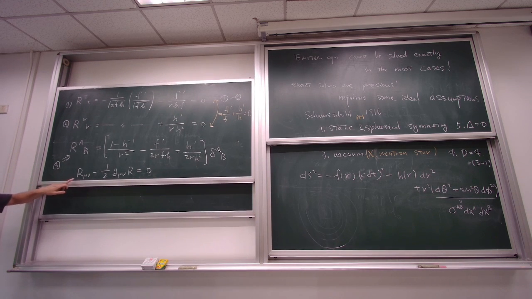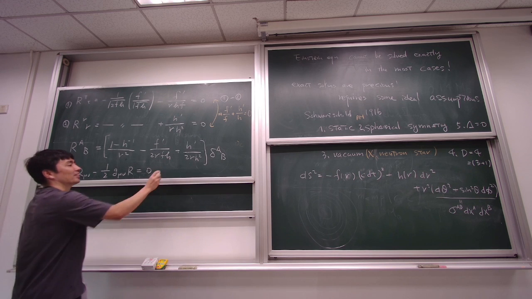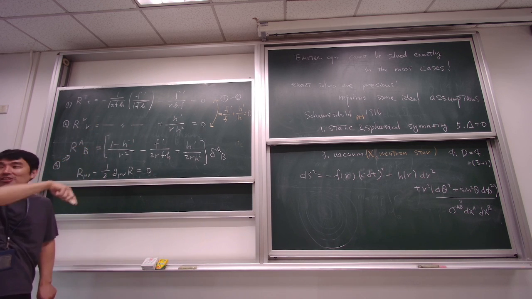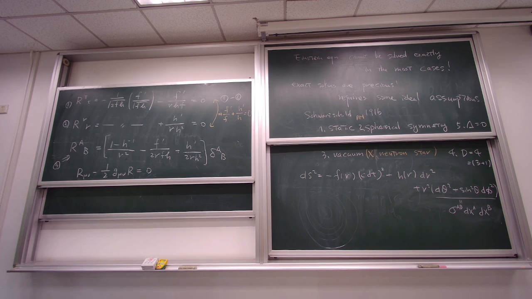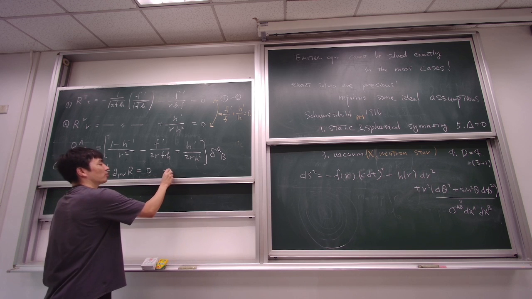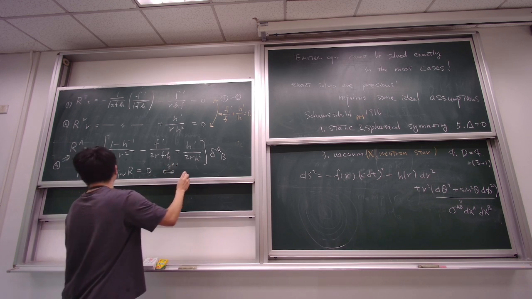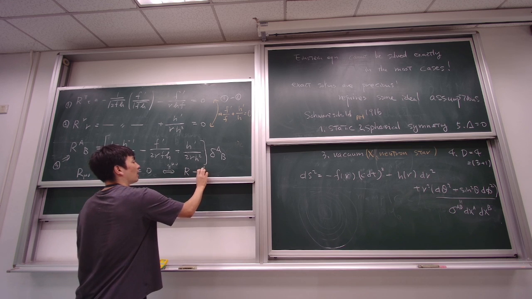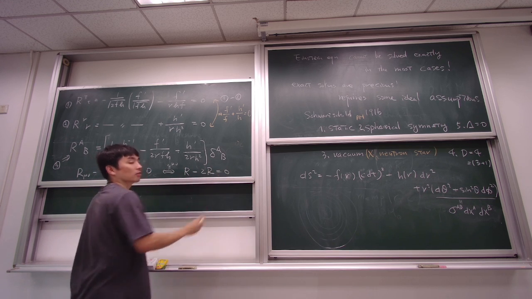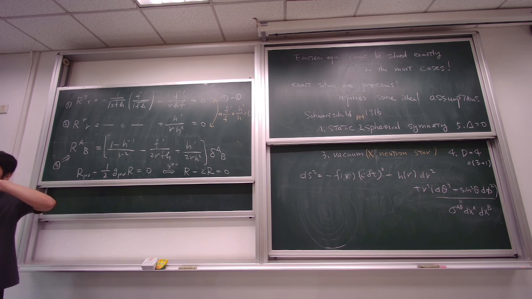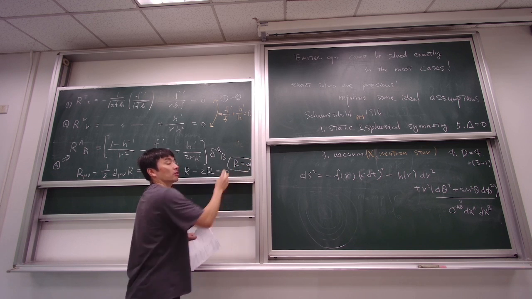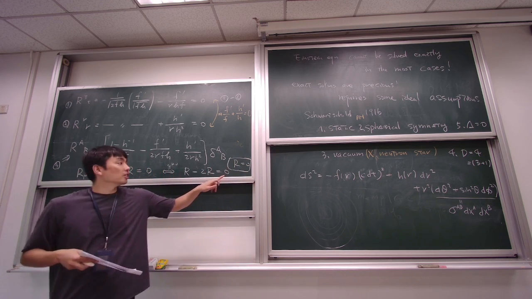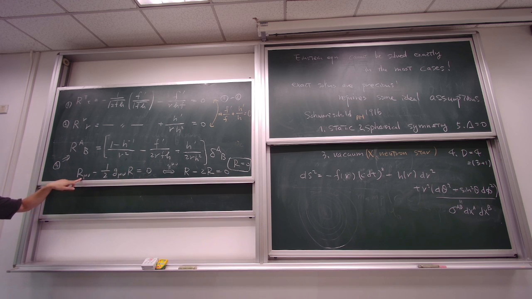This is equivalent to this equation. Can you see that? If you take a contraction with respect to g mu nu, then what you get is R minus 2 times R is equal to 0. Is it okay? Therefore the Ricci scalar should be 0. That's the immediate consequence of the vacuum equation. We plug that one into here, R mu nu is also 0. So this is the equivalent condition.